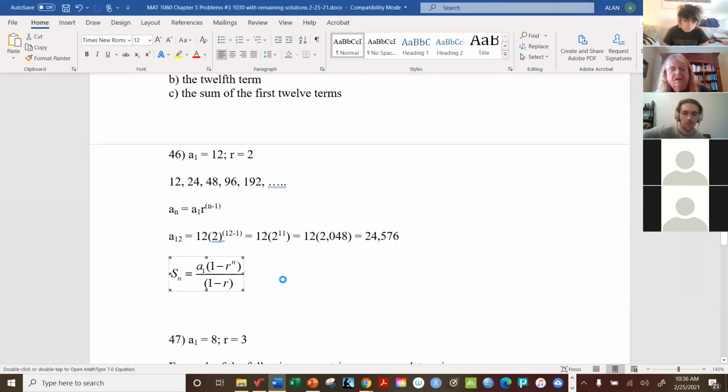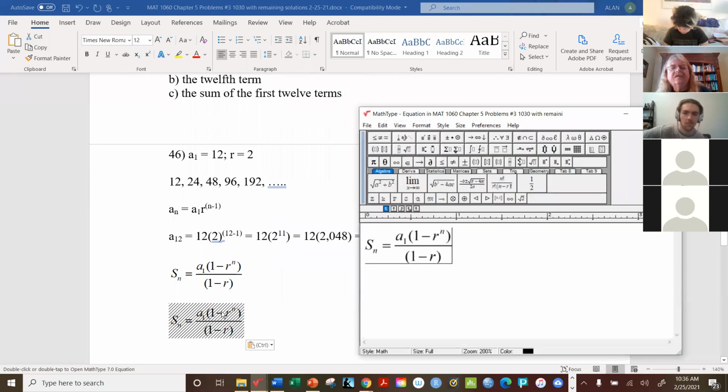Okay, now let's plug in what we have. Since we're looking for S_12, the n is 12. The first term is 12 again, and the common ratio is 2. This is raised to the 12th power. So you've got in your parentheses here, 1 minus 2 to the 12th, which is negative 4,095.